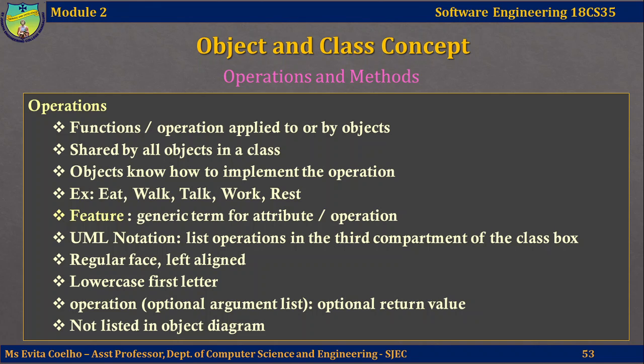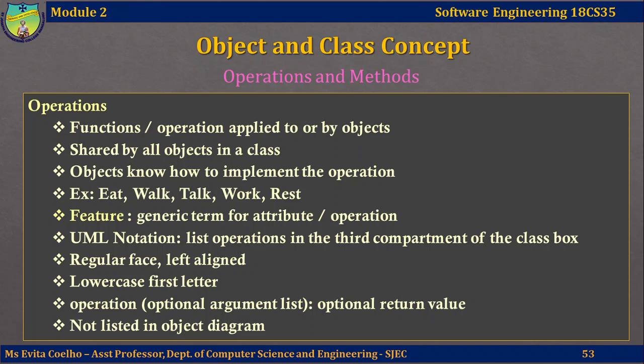An operation is a function or a procedure that may be applied to or by objects in a class. Suppose you have a class company, then hire, fire, pay salary would be some operations or tasks performed by the company class.